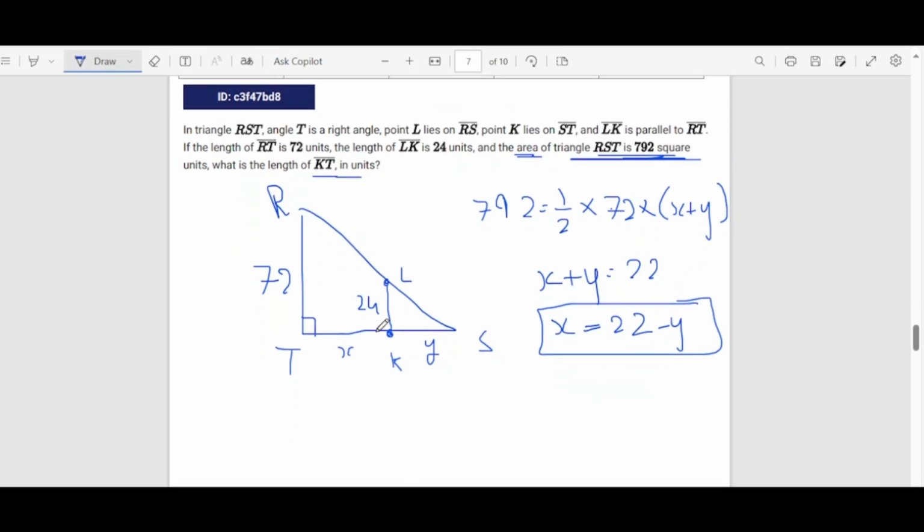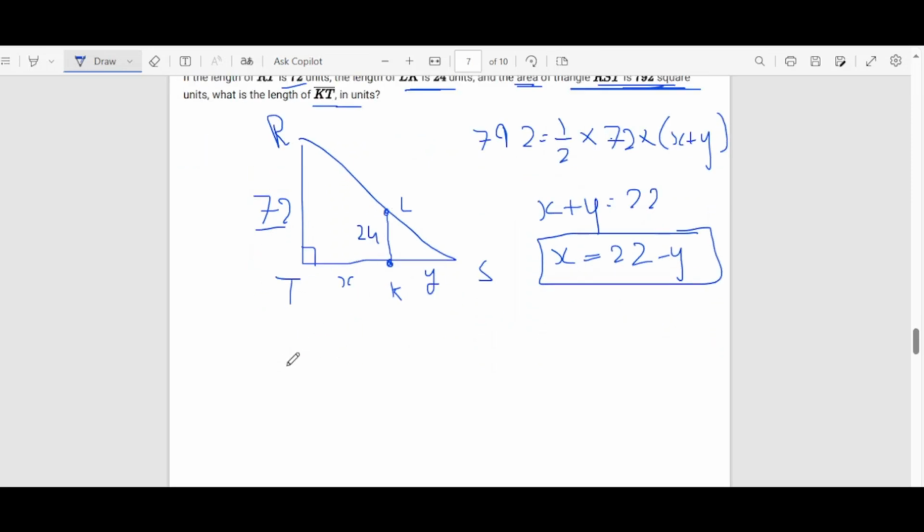Finding the second equation, they told us that the length of RT is 72 units and the length of LK is 24 units. Now we have to find how many times 24 is 72.